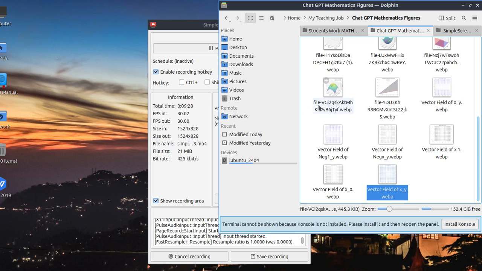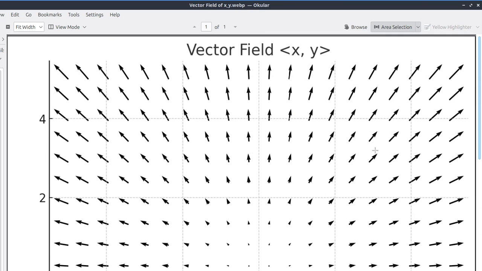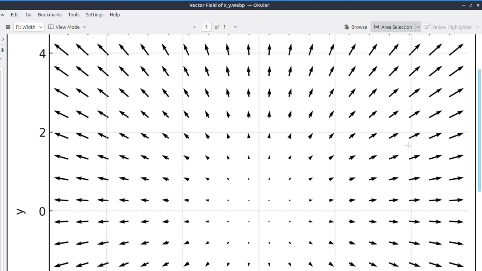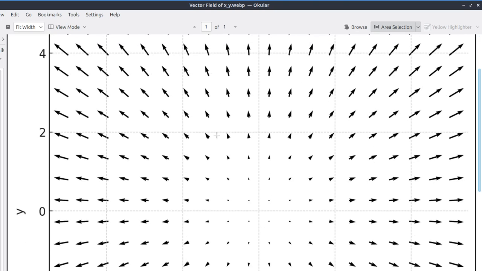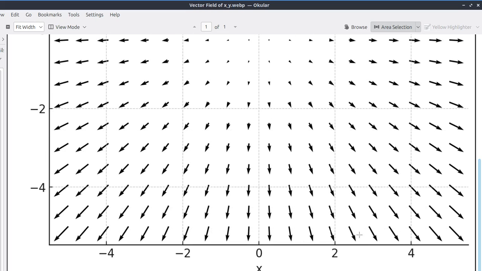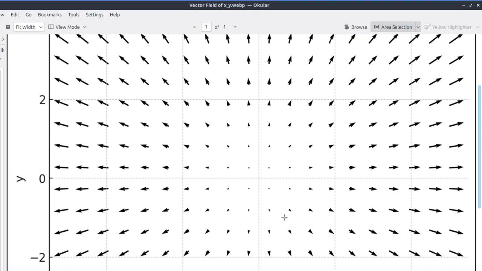Let's look at this one. x, y. Now here, the gradient of each vector is... well, no, not necessarily 1. Of each vector, when x is equal to y, at 4, 4, the gradient would be 1. At 4, 4, the gradient of this vector is 1. But guess what now?